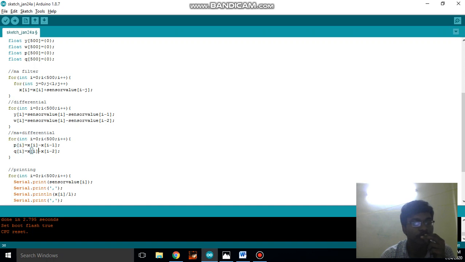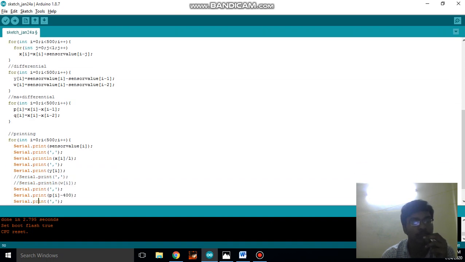P is the first order differential and Q is the second order differential. Here the input is X, which is initially processed by the MA filter. So I'm quickly compiling all the codes at once so we can observe the difference between everything.